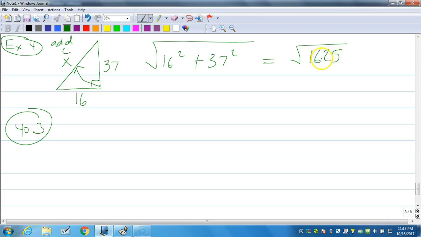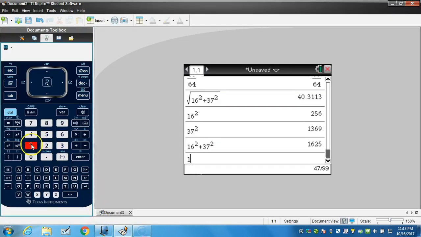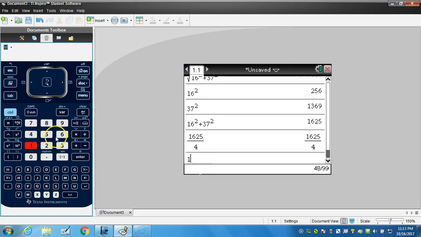Can you reduce or simplify 1625? Probably. So we start with the number 4. 1625. Can you divide it by 4? No. 1625 divided by 9.